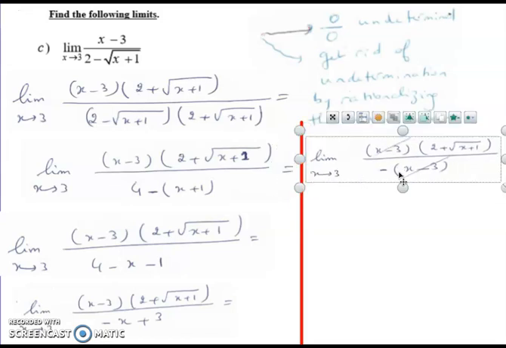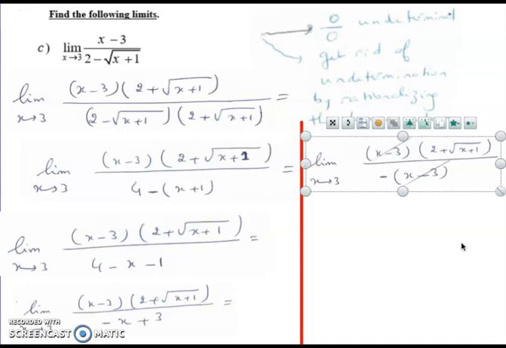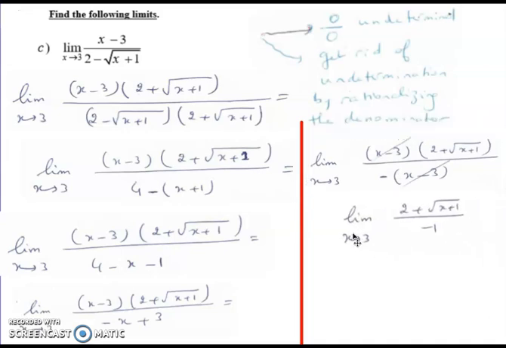Now, we simplify the x minus 3 with x minus 3, and the answer is limit of 2 plus radical x plus 1 over minus 1. We replace x by 3. 3 plus 1 is 4, so 2 plus 2, it is 4 over negative 1, and the answer is negative 4.